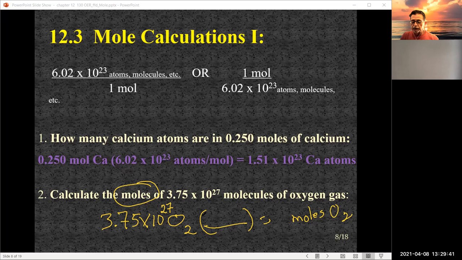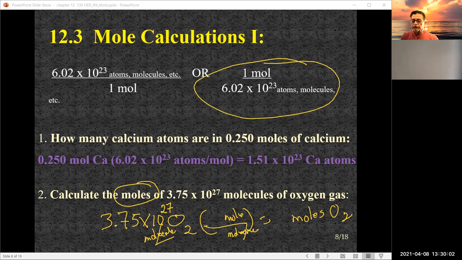So obviously my conversion factor here, since I got molecules of O2, I need molecules down in the denominator here. And I need moles in the numerator because I want my molecules to cancel out. So it looks like that's the one I'm using, the one on the right.